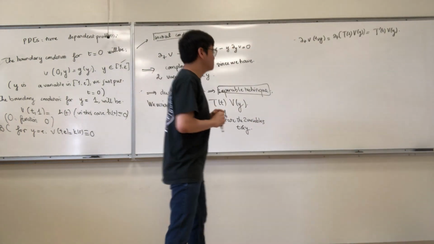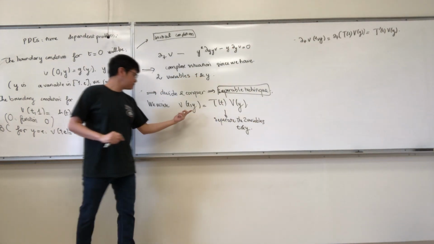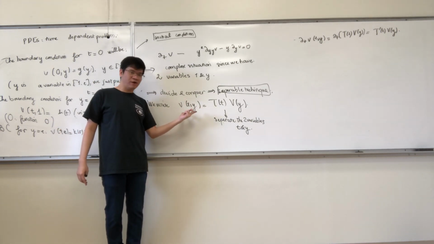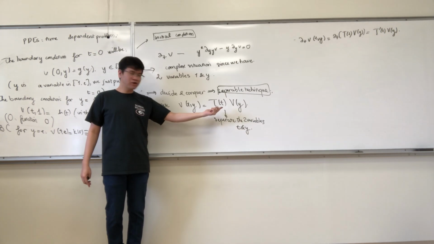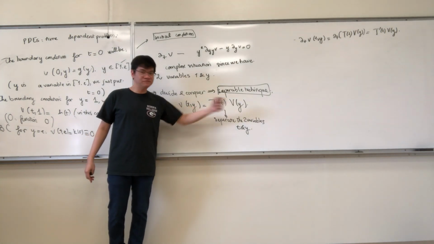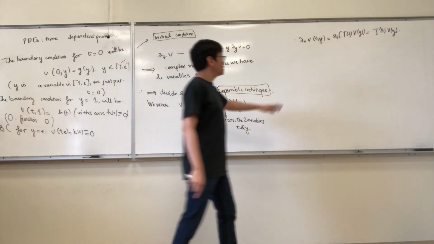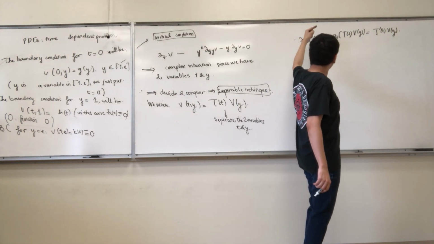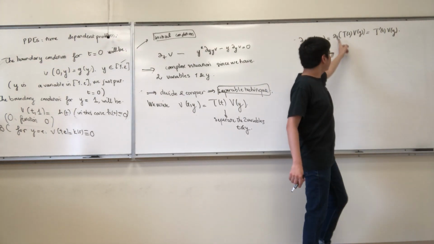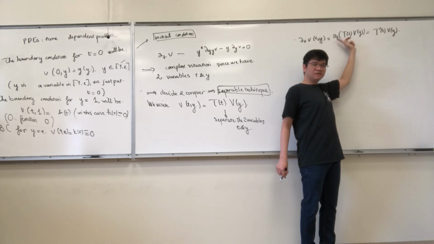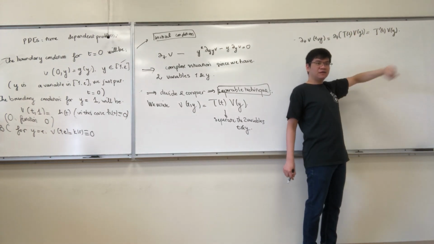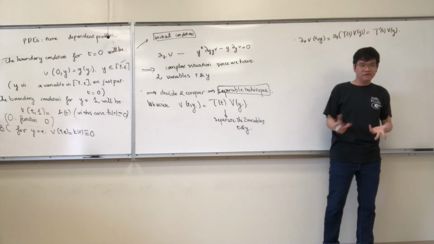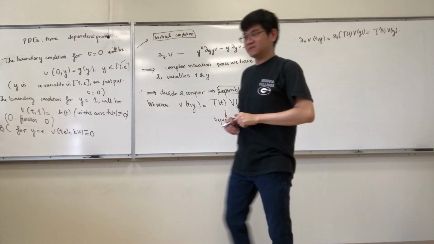Now suppose that I can write v(t,y) as the product of T(t) times V(y). When I write it this way, the derivative in t of v is the derivative in t of T times V, which is T prime times V, because V is independent of t.